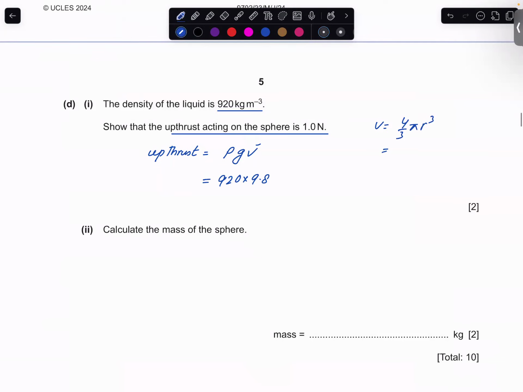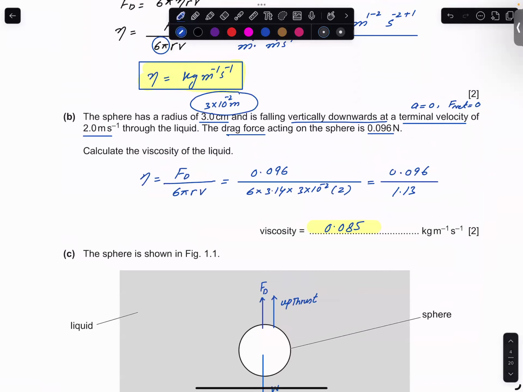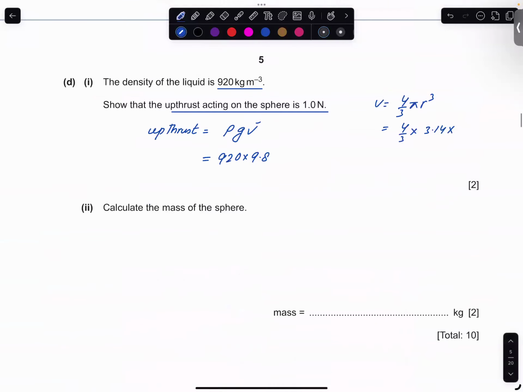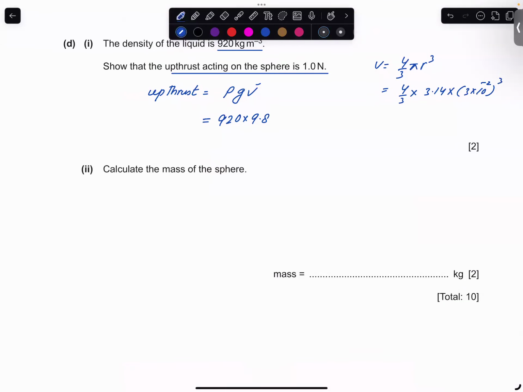So let me calculate this value. 4 by 3 is constant, pi is equal to 3.14, and r is the radius of the sphere, given in the previous part of the question: 3 into 10 raised to power minus 2, and its cube. If I put the value of the volume here, then the combined calculation will be equal to 1.02 Newton, which is rounded off as 1 Newton.